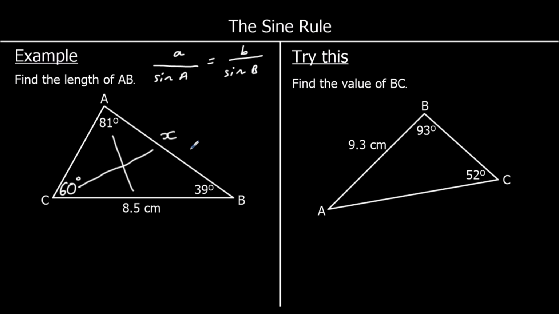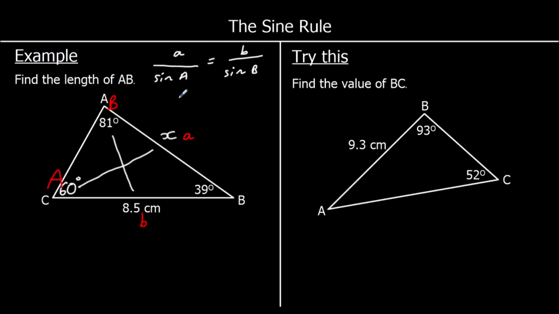And I'm going to label it again. So I have X as little a, so 60 will be big A, and the other length is little b, and its opposite is big B. So we substitute in.